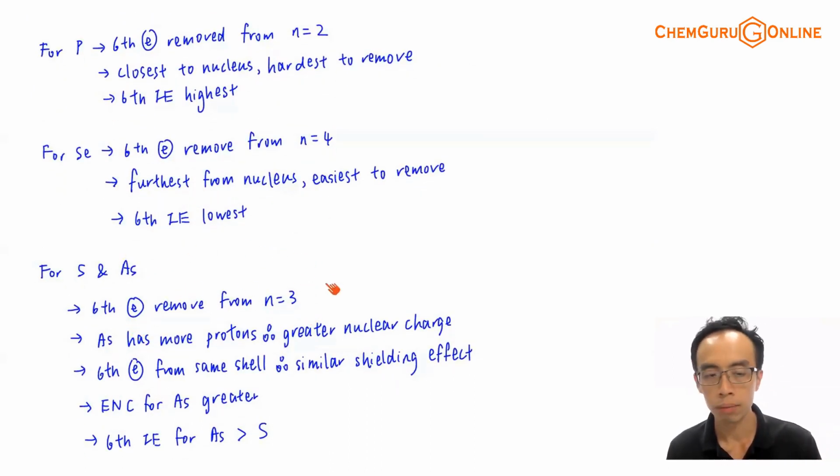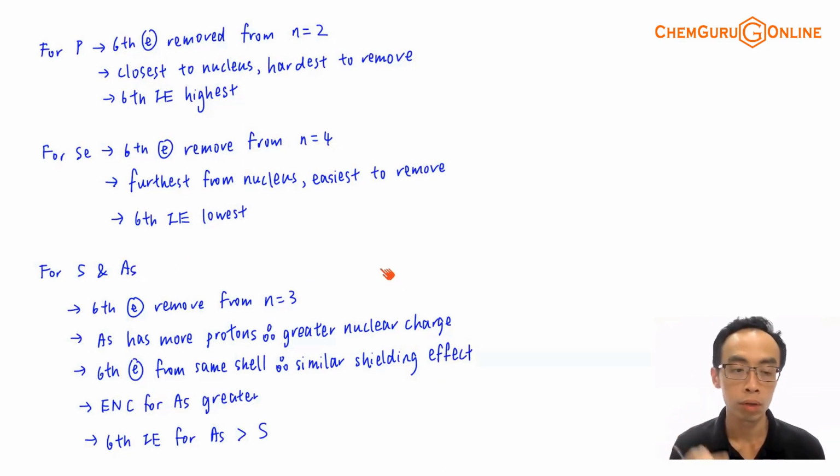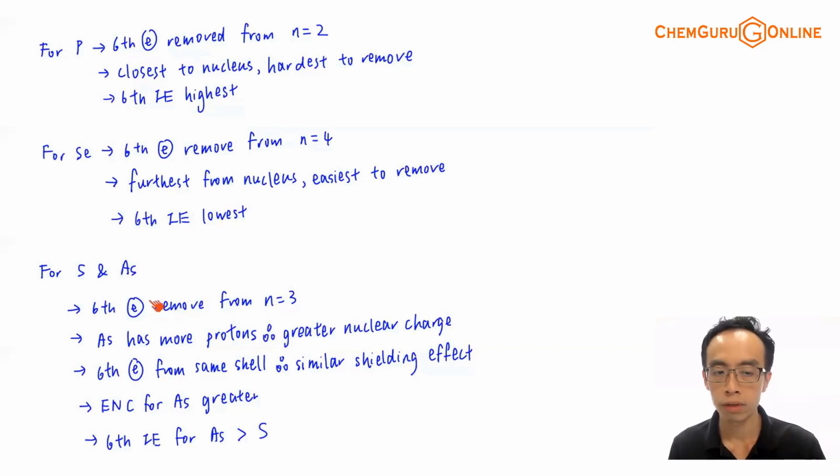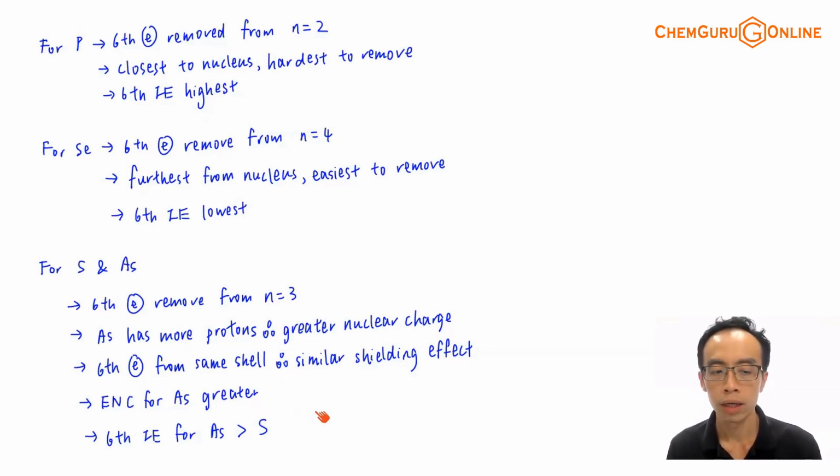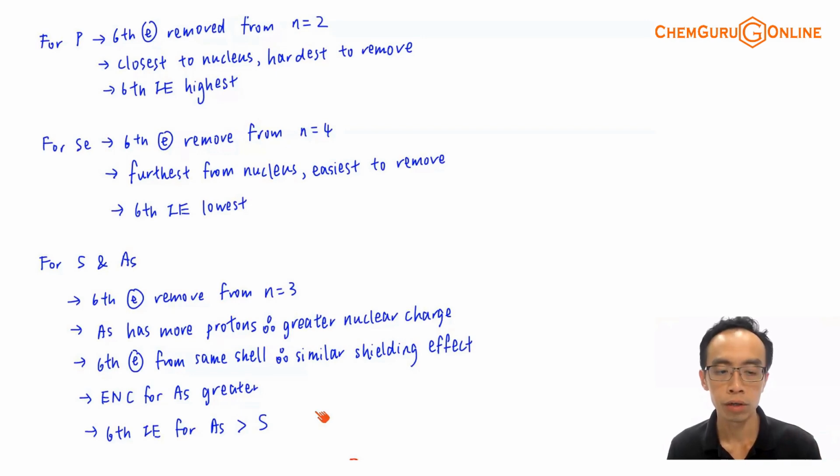Electron number 6 for both of them, I'm removing from the third principal quantum shell. If I compare arsenic versus sulfur, arsenic has more protons, so nuclear charge is greater. I'm removing the electron from the same shell, and therefore the shielding effect is similar. We will expect the effective nuclear charge for arsenic to be greater, and therefore we will expect my 6th ionization energy for arsenic to be greater than sulfur.